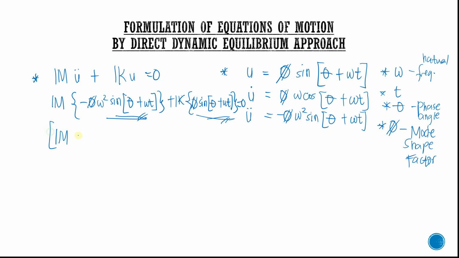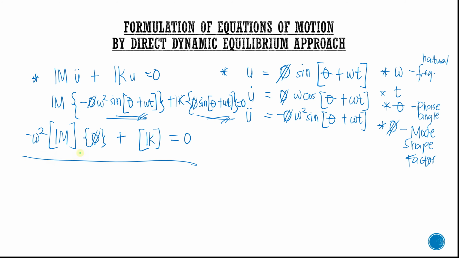Then we are left with the mass matrix, and here we have the negative omega squared, and then we also have our mode shape factor, the phi vector, plus the stiffness matrix is equal to 0.